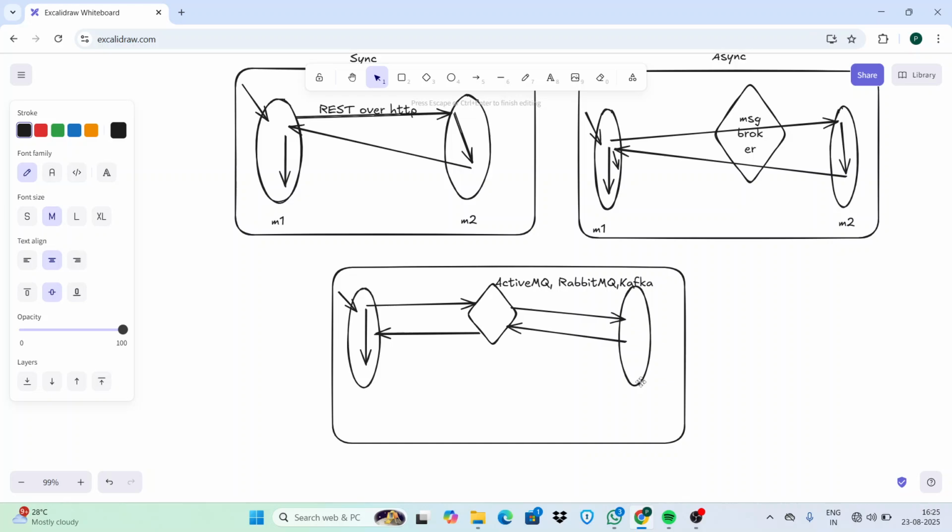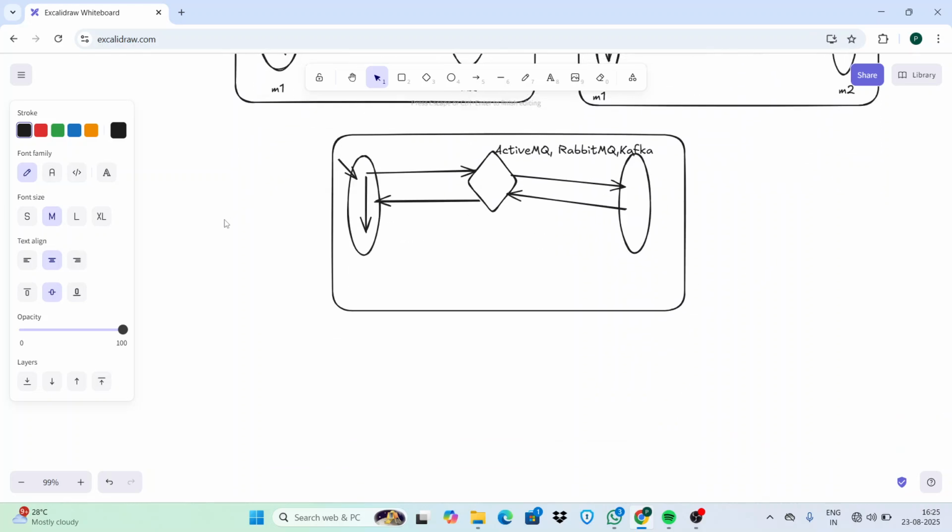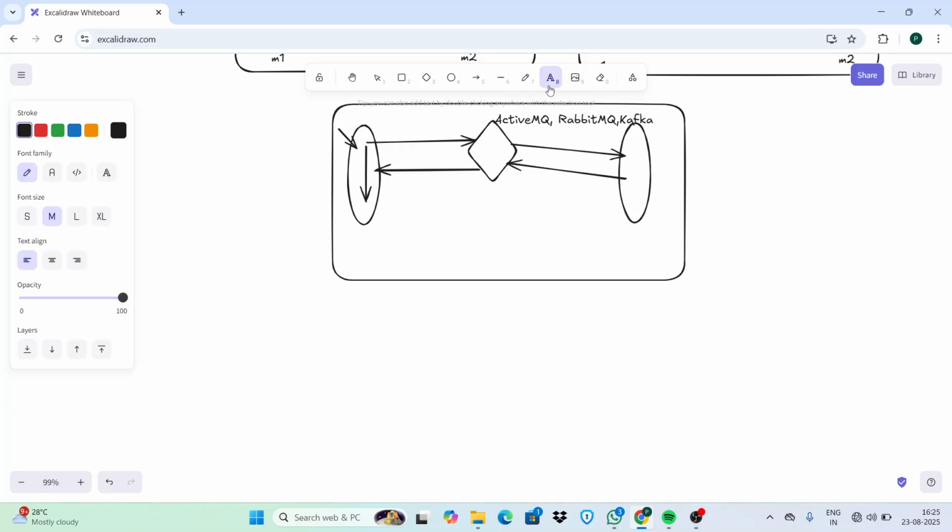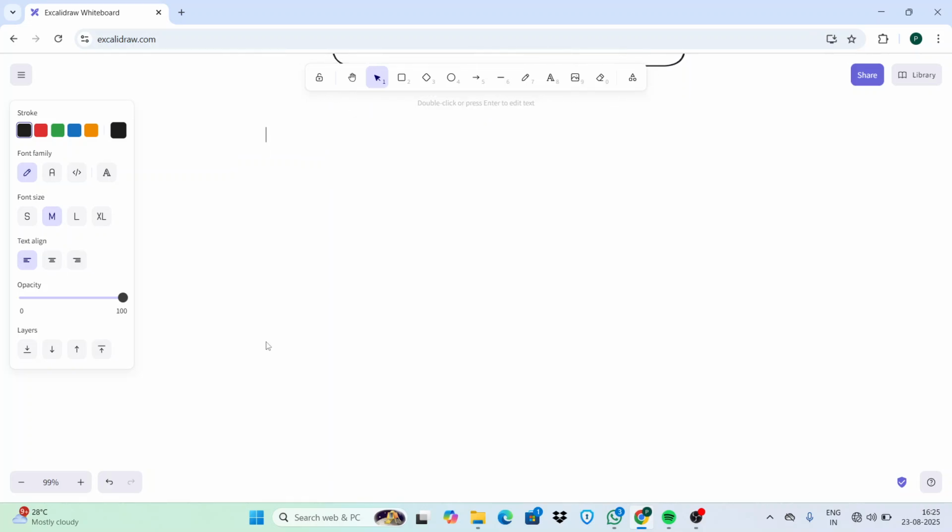So let's move towards the fourth principle of microservices, that is nothing but design for failure.